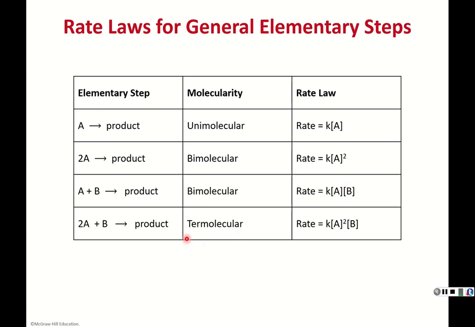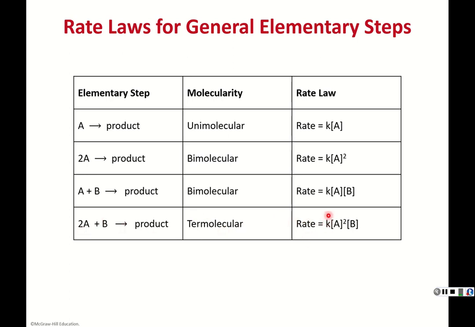And then finally, probably the most complex thing we're going to consider is a termolecular reaction. So that would be 3 molecules coming together. The example here is 2A plus B coming to product. That's termolecular. It needs 3 molecules reacting together.